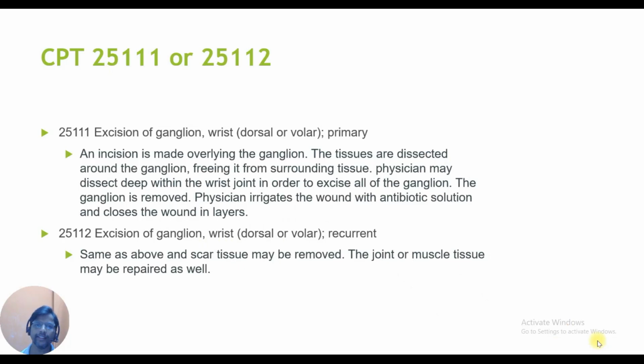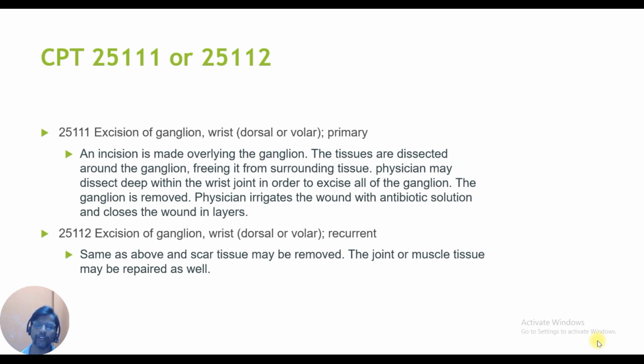For ganglion cyst excision, we have two codes, 25111 or 25112. For example, if the patient undergoes excision of a ganglion cyst the first time, 25111. If the patient undergoes excision of a ganglion cyst a second time, 25112. For example, the patient had ganglion cyst excision in 2020.